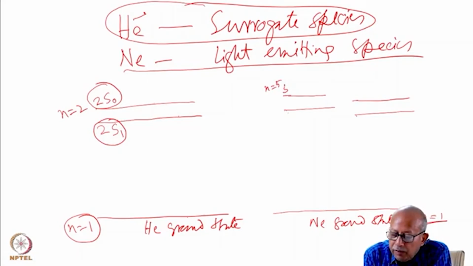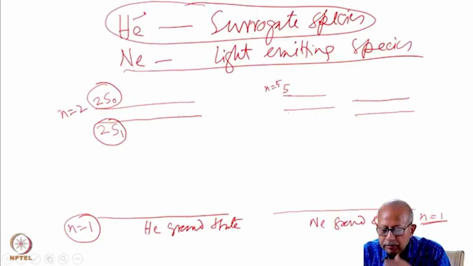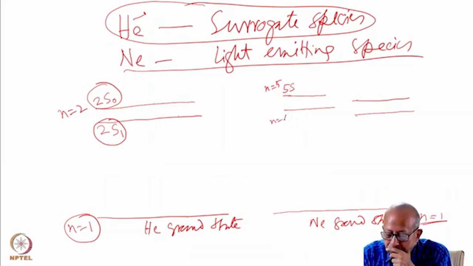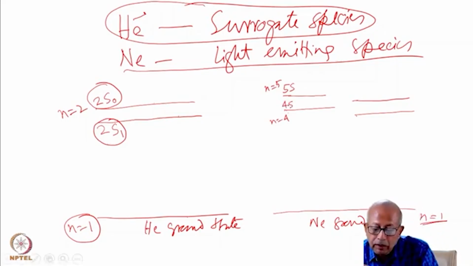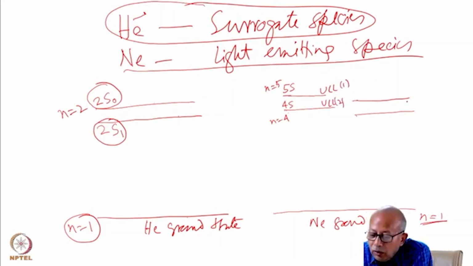So this is 5s, and this is the third excited state, meaning this is the fourth electronic orbit, and this is denoted as 4s. So these are the upper laser level 1 and upper laser level 2, and these are the lower laser levels.